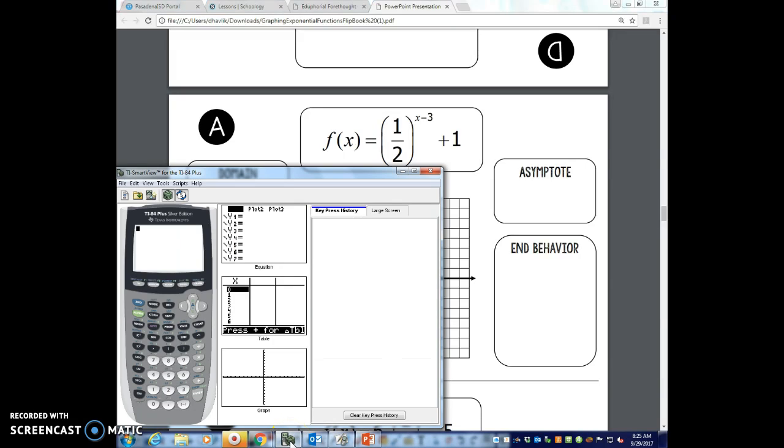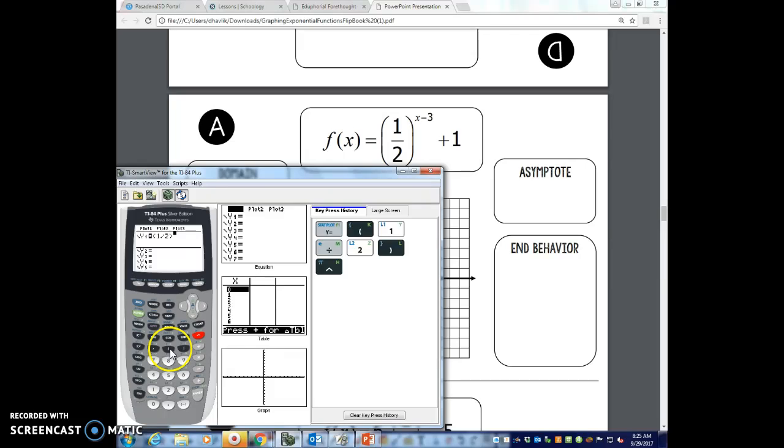So how we're going to start this off is we're going to type in our equation here into our calculator. Okay, so go to y equals. All right, here is how you're going to type this in. Pause the video if you need to look at the steps. Parentheses, 1 divided by 2, close parentheses.